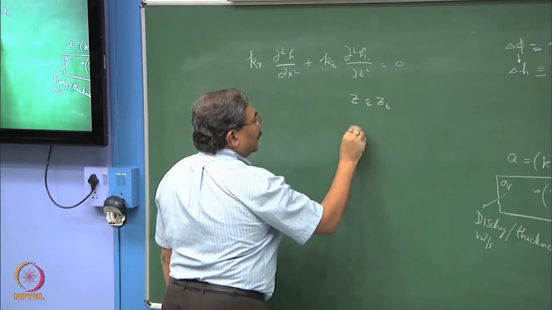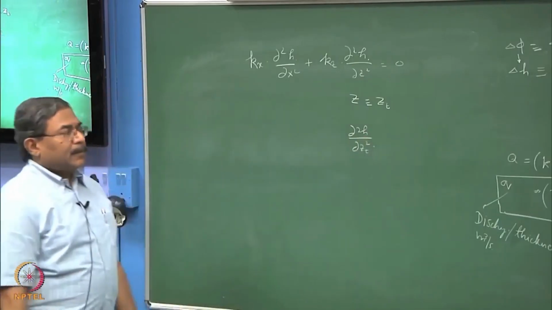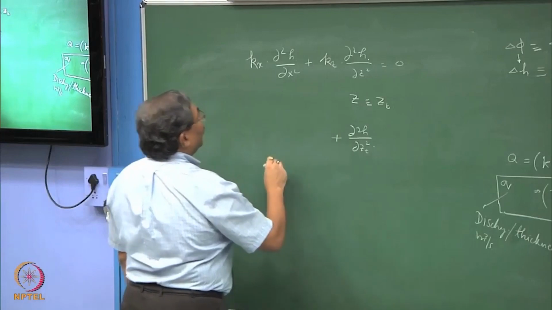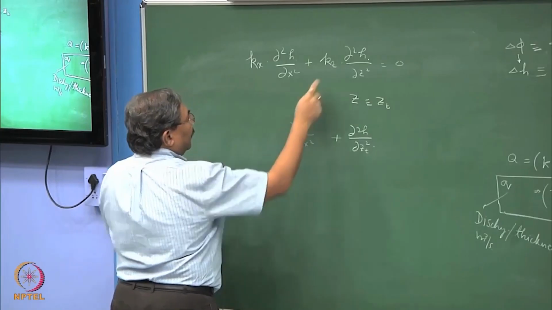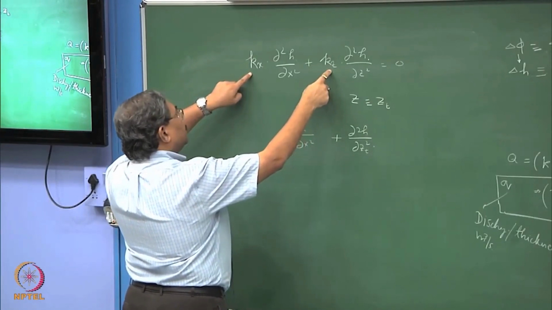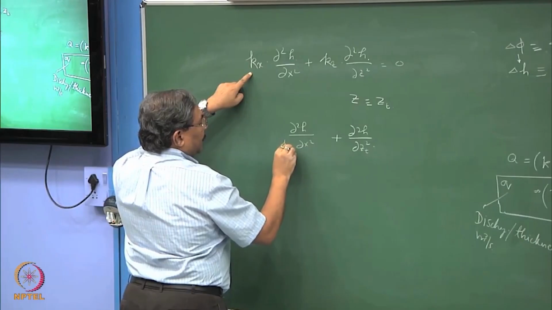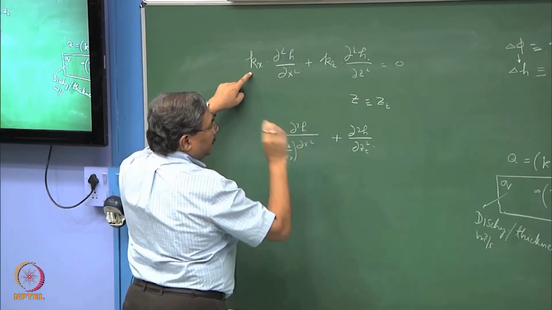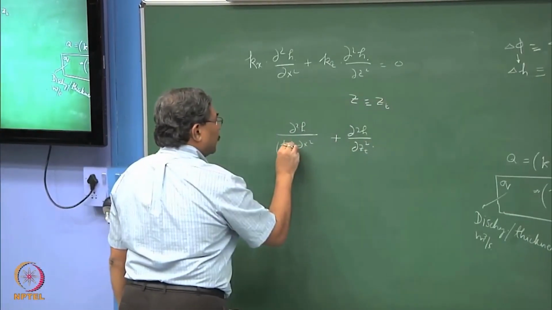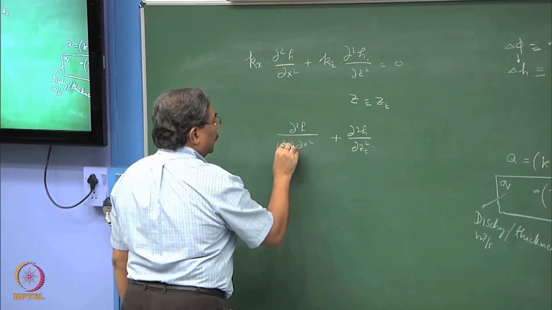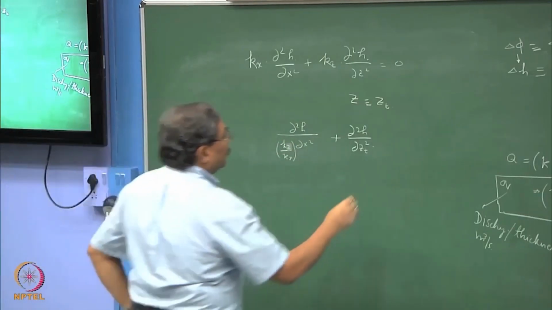In that case, I can write del square h upon del z square plus, if I say this is del square h upon del x square and this k z comes over here divided by k x. Is this okay? So, this is equal to 0.